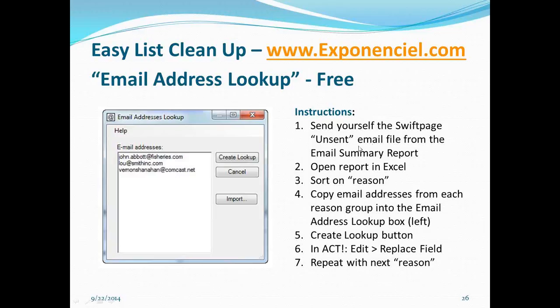Either you're going to need to create a field for that, or if you don't have a field and don't know how to create a custom field, you can use one of the default fields. You can probably just use ID status for that value as well. But we're going to download that report, copy the emails, paste them into this email lookup, and then update that field.